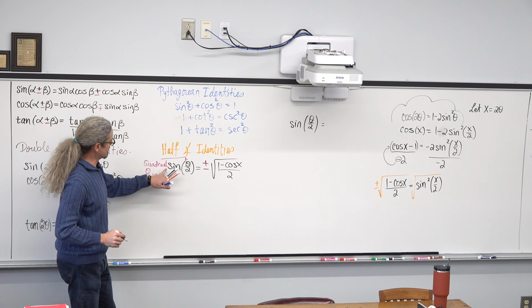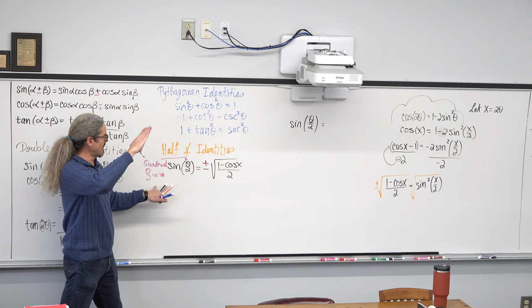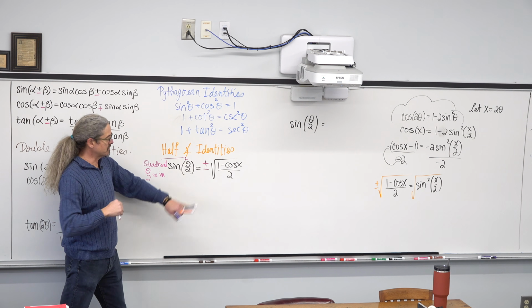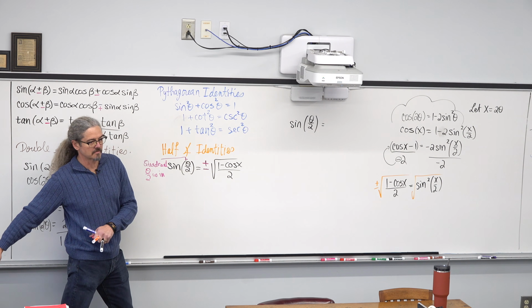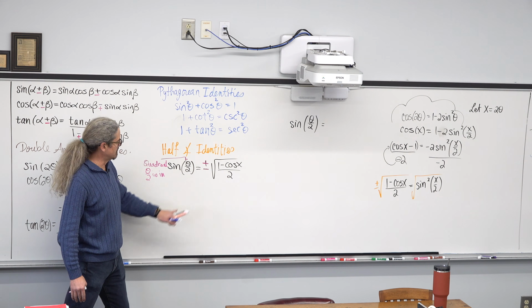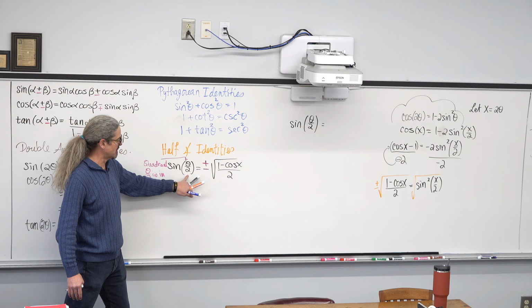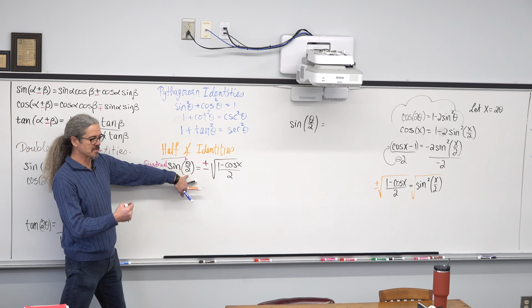If theta over 2 is in quadrant 1, obviously your sine value is going to give a positive answer. If theta over 2 is in quadrant 3, you're going to want to use the negative answer. So yes, it's plus or minus, but sometimes we're only going to be concerned about using one of these two signs, dependent on the quadrant, the location of the terminal side of this half angle measurement.